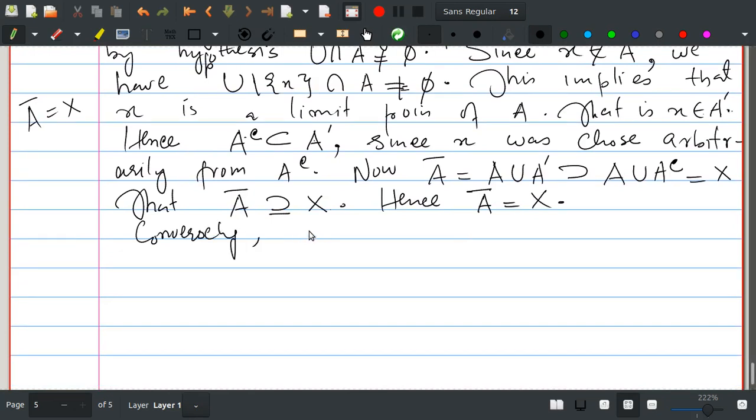Now conversely, assume that A is a dense subset of X. Now what we have to prove?